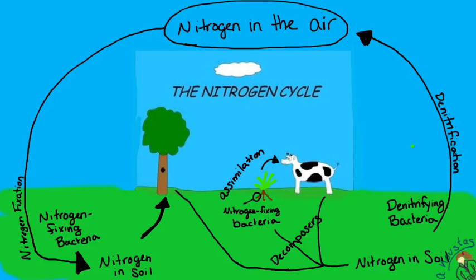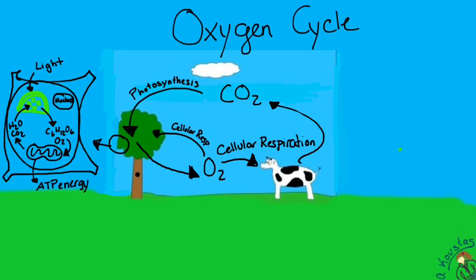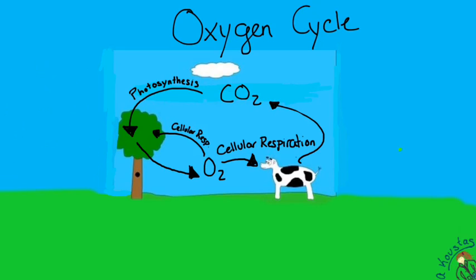The last cycle that we're going to talk about is the oxygen cycle. Now, in order to talk about the oxygen cycle, we're going to mention carbon again in the form of carbon dioxide. So carbon dioxide is in the air, and as we said, the process of photosynthesis takes the carbon dioxide from the air and turns it into sugar in a plant.